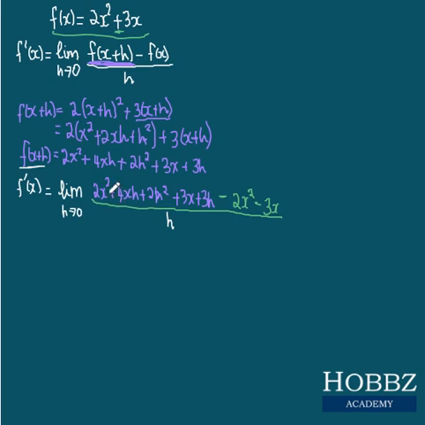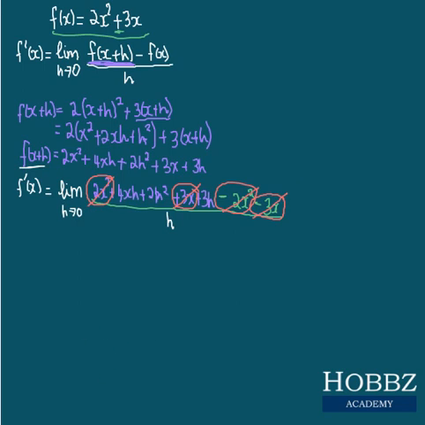Now we can see that we still have terms in x: the 2x squared and the minus 2x squared, so these cancel out. And then here we have a plus 3x with the minus 3x. Those cancel out too.